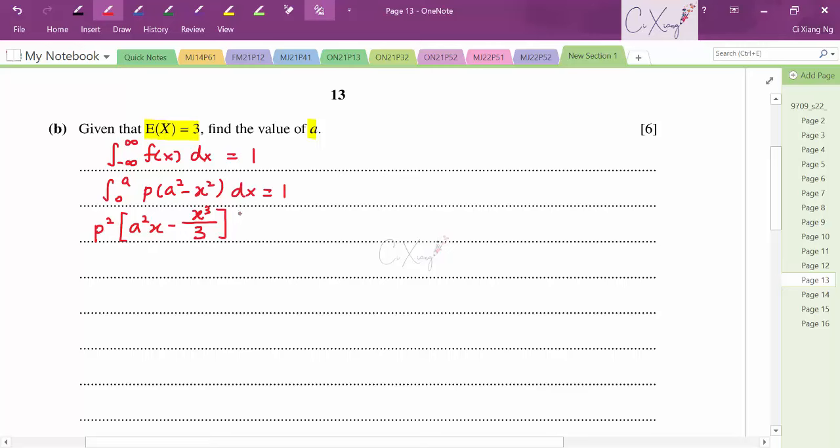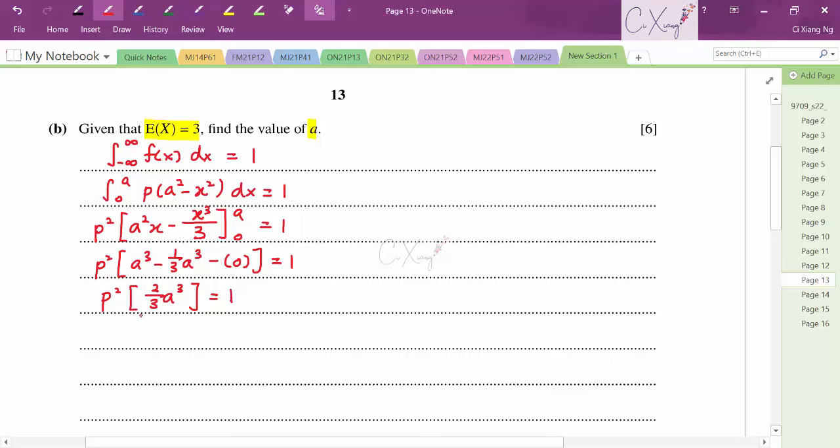Then I put in the limits a and 0. When I substitute a, I have a power 3 minus 1 over 3 a power 3. When I substitute 0, I get 0 for the whole thing. So the very first expression I can get is p times 2 over 3 a cubed equals to 1.